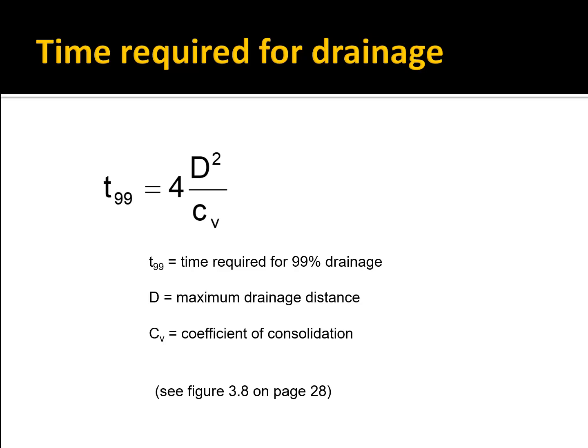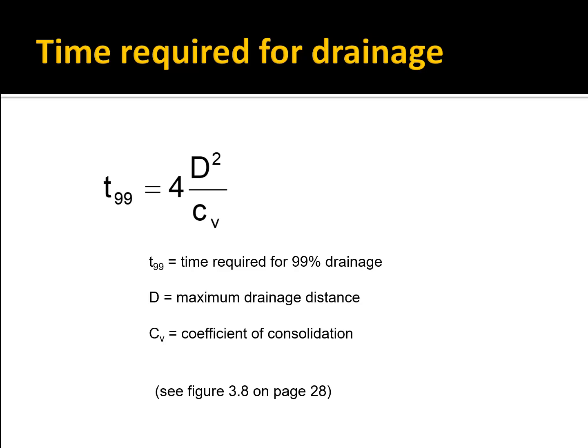This is the time required for 99% drainage. There's an empirical relationship. It's a function of the maximum drainage distance squared. So if you double the drainage distance, and that's maybe the farthest distance from the middle of the soil to where it's draining to, the time required would go up by a factor of 4.